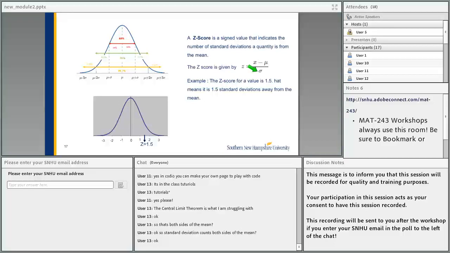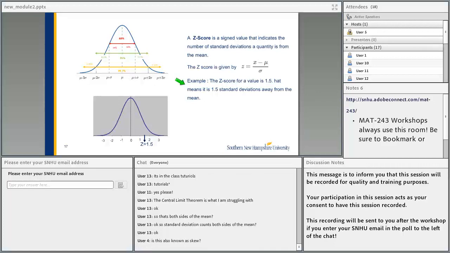Subtract the mean, divided by the standard deviation. And this z-score, z value, tells you how far away from the mean your value is. For example, if the z-score is 1.5, it means that it is 1.5 standard deviations away from the mean.